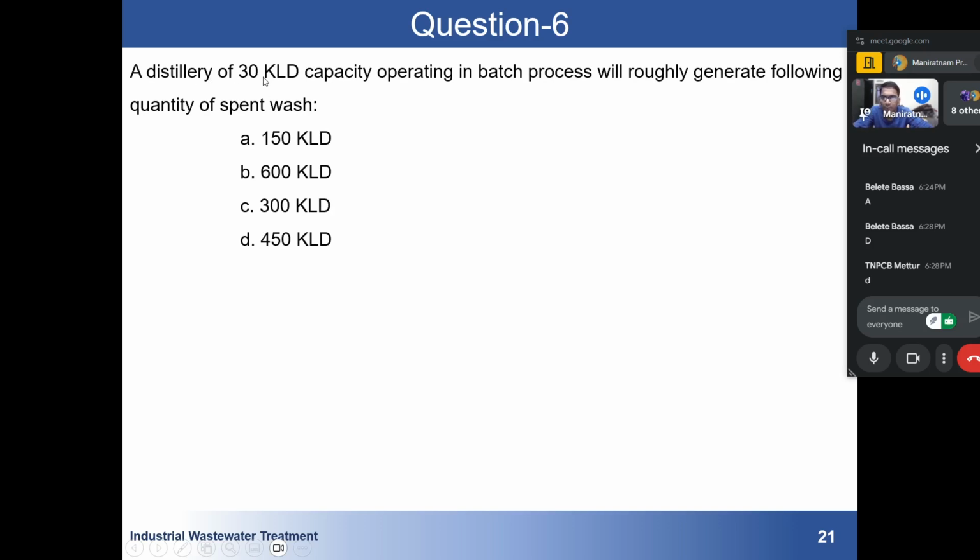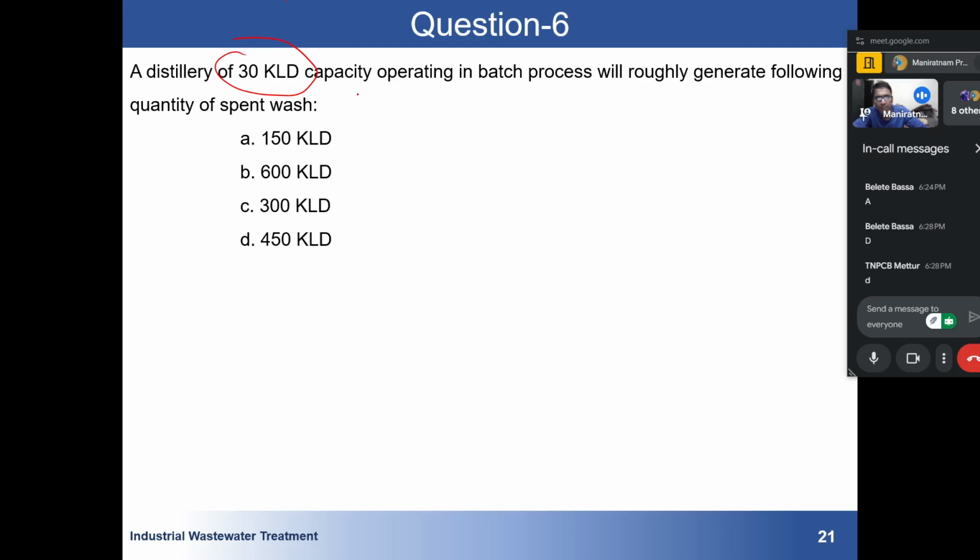A distillery of 30 KLD capacity operating in batch process will roughly generate the following quantity of spent wash. 30 KLD is there. What will be the answer?